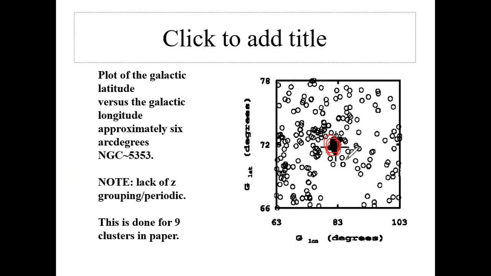So there should not be a grouping of Z or distance, spherical or near spherical, in our view this way. Why is it different along our line of sight?